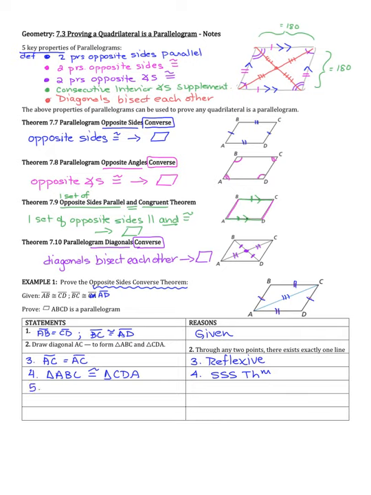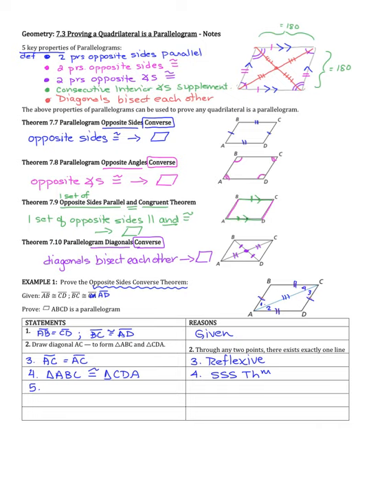Now what I can do with that is, now that I know these 2 triangles are congruent, I know all kinds of angles are going to be congruent. So what I'm going to do is, I'm going to put some numbers in here because, you know, I'm lazy that way. I just would prefer to call things by numbers.